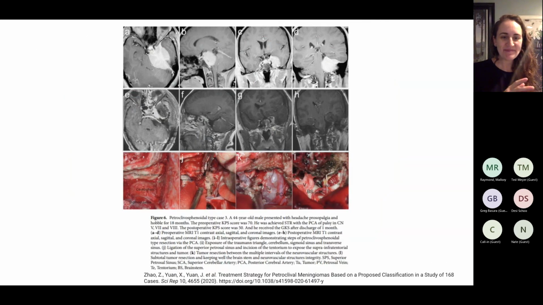This picture is just to remind us that real life is never as pretty as the drawings in the textbook. This is from another paper with a case report where they were trying to propose a classification scheme for petroclival meningiomas. These are some intraoperative pictures.